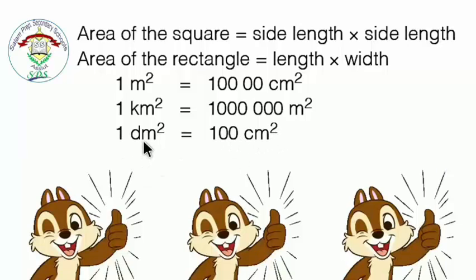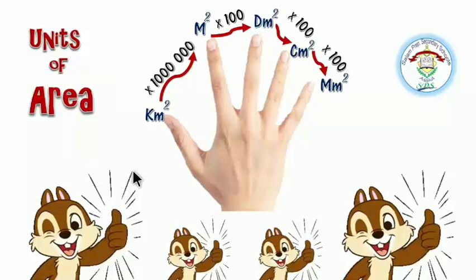We know 1 decimeter equals 10 centimeter, so 1 square decimeter equals 100 square centimeter. 1 zero becomes 2 zeros. Okay, the number of zeros is doubled. Please remember the units of area. Please don't forget to put the units of area on your fingers to make converting between the units easy.